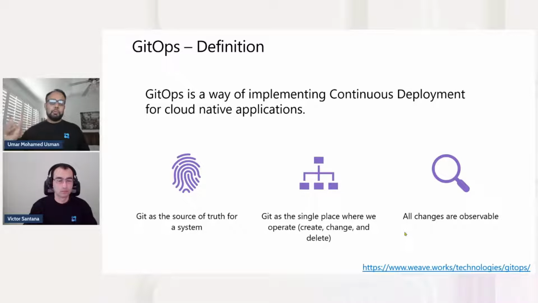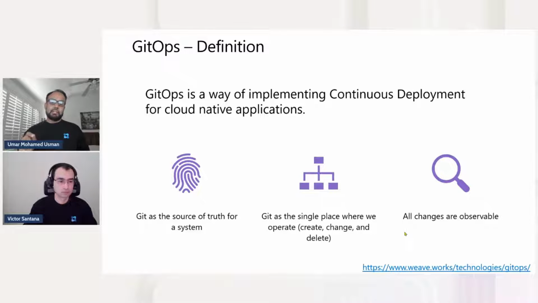If you know the traditional CI/CD DevOps process, the CI process builds your application. The CD process, the continuous deployment process, is the one which actually allows you to deploy the application. So GitOps affects the CD process. It doesn't affect the CI process. The CI process continues to be the same. And it targets cloud native applications.